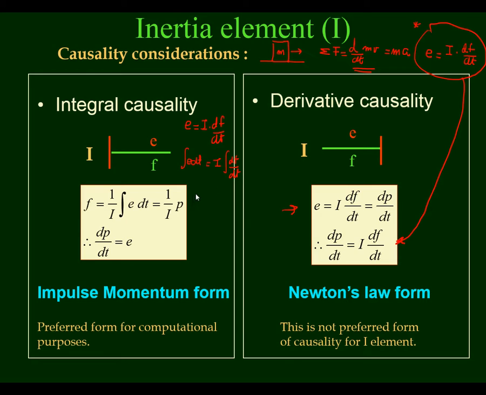So it's very obvious. You integrate this, and you can write down that this is 1 over I times the integral of e dt. This is equal to f. This is the same thing as this equation.